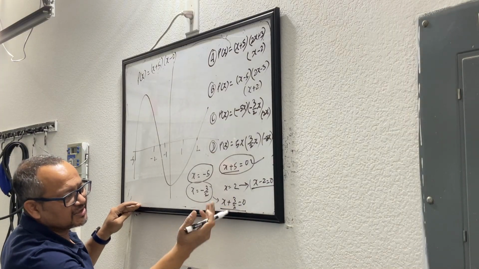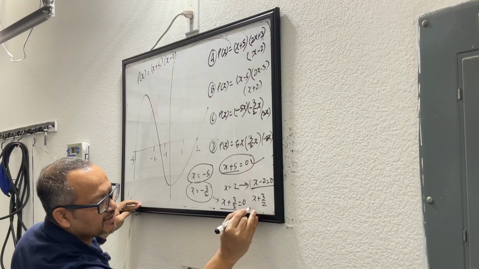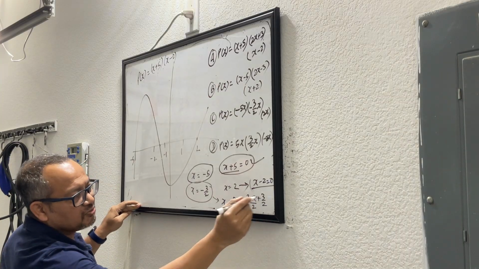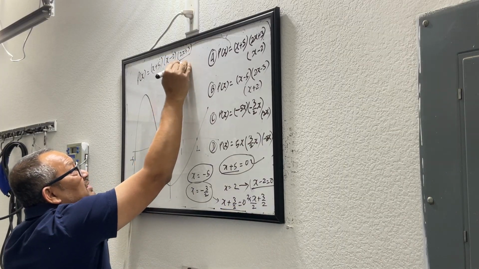So to make it simple, x plus 3/2 when I try adding, I'll do this way. So it became 2x plus 3/2, 2x plus 3/2.